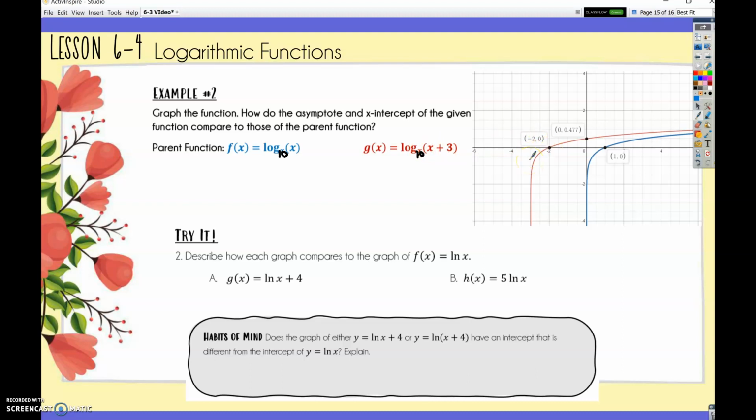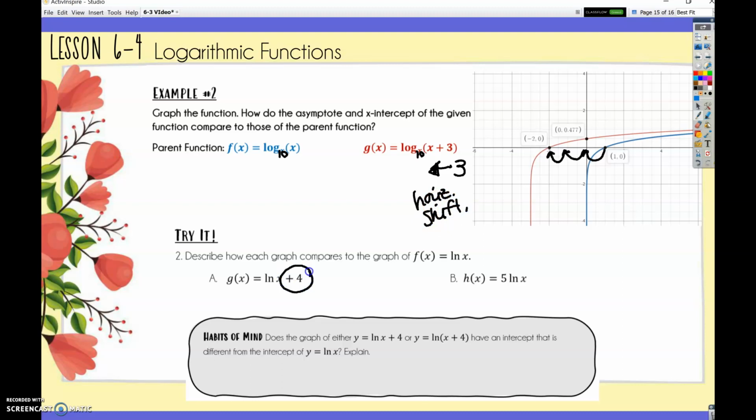If you haven't caught on yet, all these transformations are so similar. Wonder what this x plus 3 does. It appears to have shifted the graph 3 steps to the left. We've seen that before, where the number next to the x is the horizontal shift, but in the backwards direction.